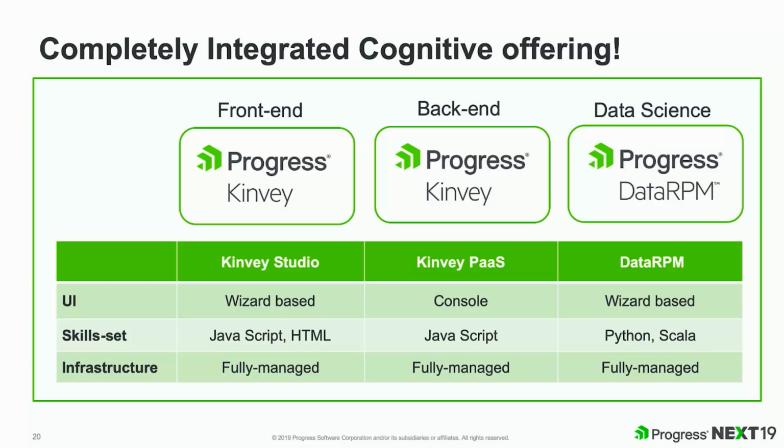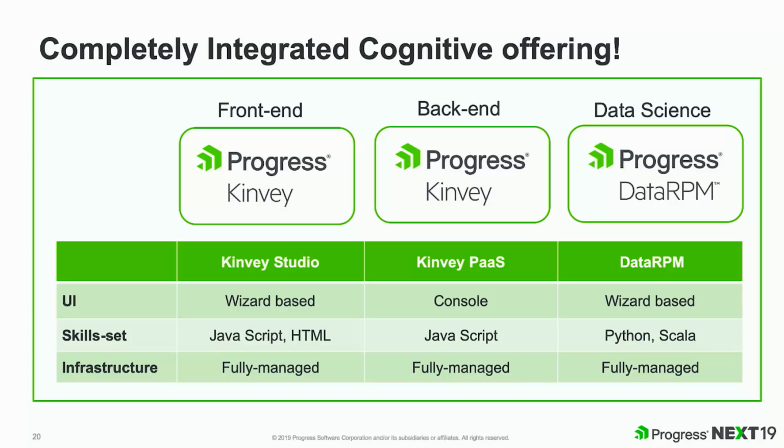So this is the completely integrated cognitive offering. Until today, Progress Data RPM has served a whole lot of customer use cases, and we are doing it standalone. That is, whoever was approaching us, we are solving their problems with the platform. And now with the Progress Kinway, we have integrated with Kinway Studio, Kinway Platform as a Service, and then we also have this.